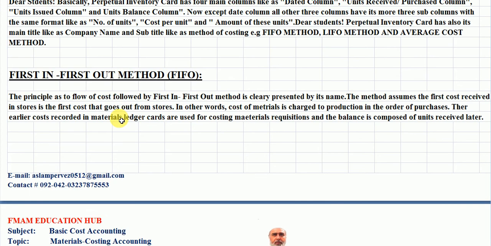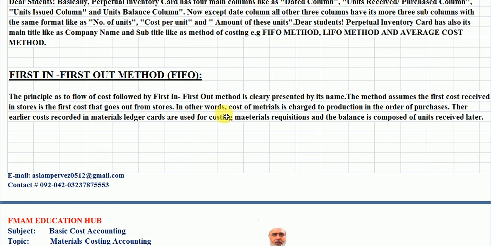Student, this is the explanation about the first in first out method. The abbreviation is FIFO. The principle as to flow of cost followed by the first in first out method is clearly presented by its name. The method assumes the first cost received in stores is the first cost that goes out from stores.